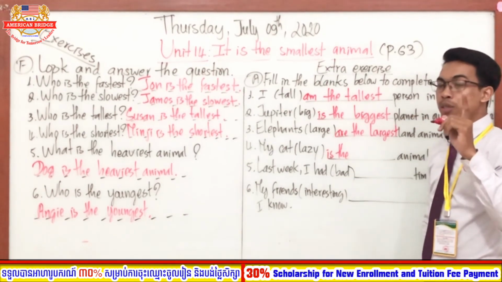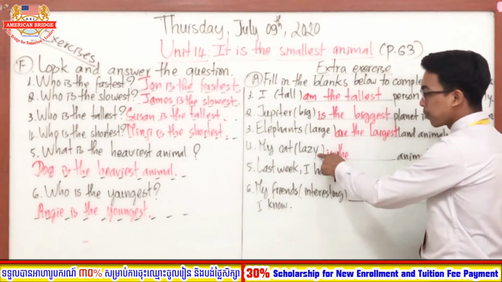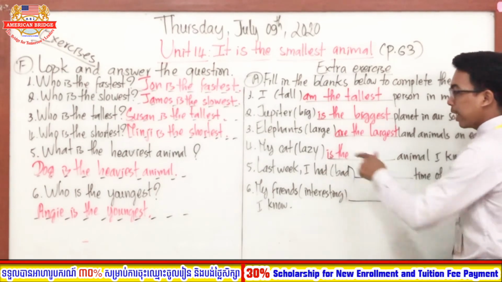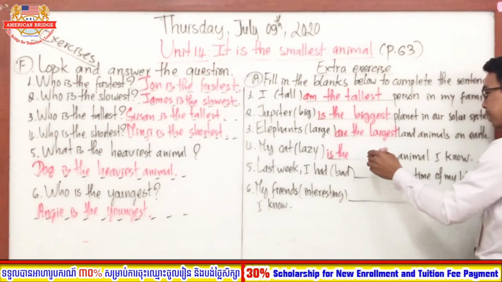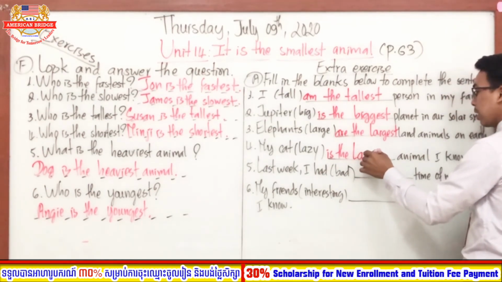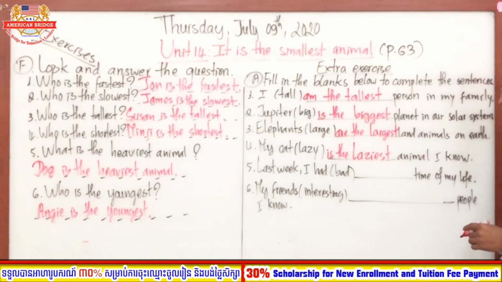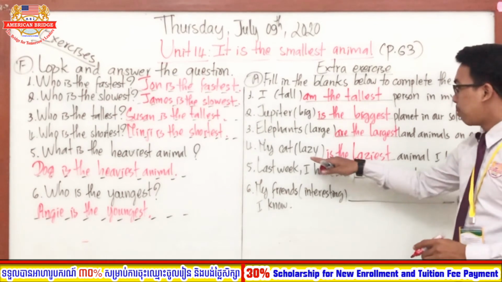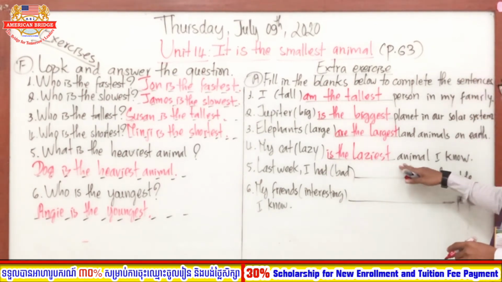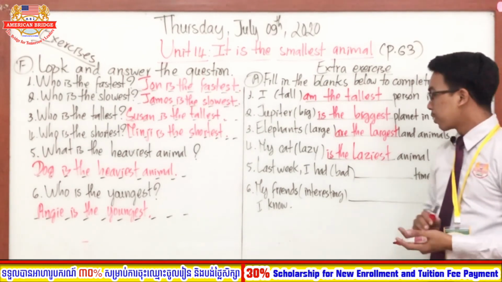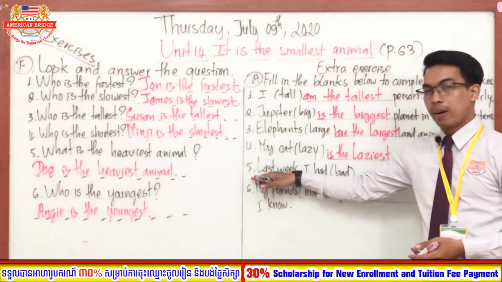Yes, 2 syllables, and it also ends in the letter Y. So we change Y to I and then we add EST. Laziest. So my cat is the laziest animal I know. You see, this is the correct answer. Good. So now let's move on to number 5.